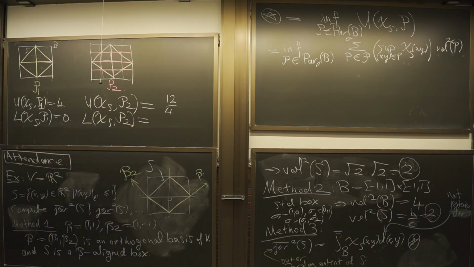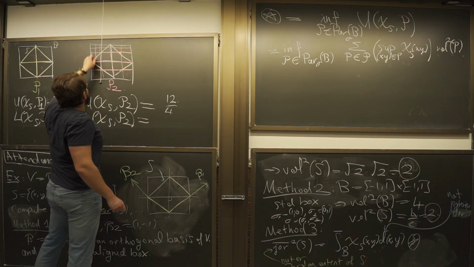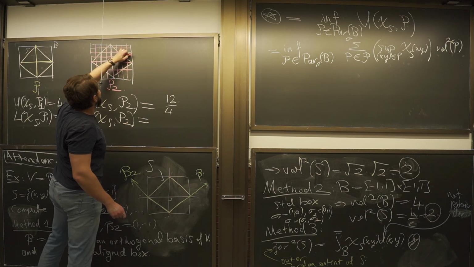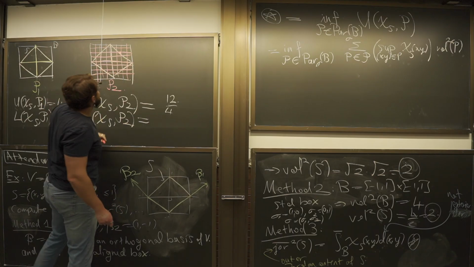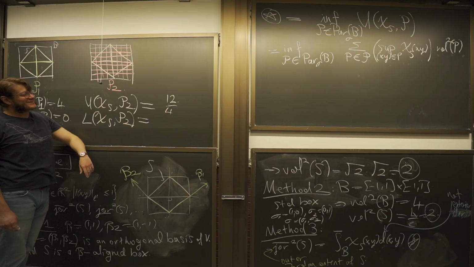Then I'll go one step further, and then it's going to be harder to count. That's okay. No, you're right. Good point. Okay. Now that's P2. But I'm not going to count it this way. Okay?